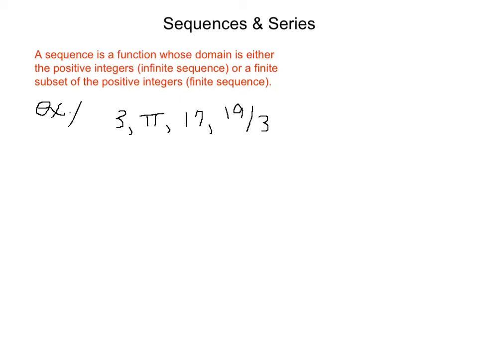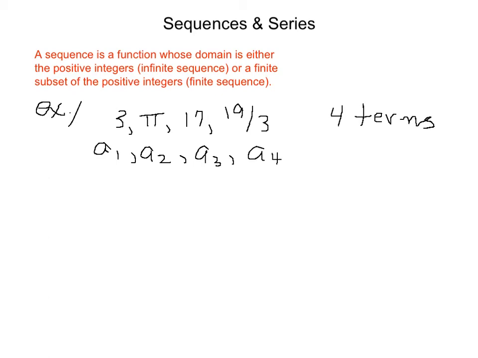So this first sequence is a finite sequence, and there are only 4 terms in it, and there's no obvious pattern at all. A lot of folks think, oh, there has to be a pattern for a sequence to be a sequence, but no, it's simply 4 random numbers. We often give the terms in a sequence specific nomenclature, so this is usually a sub 1, a sub 2, a sub 3, and the last term is a sub 4.